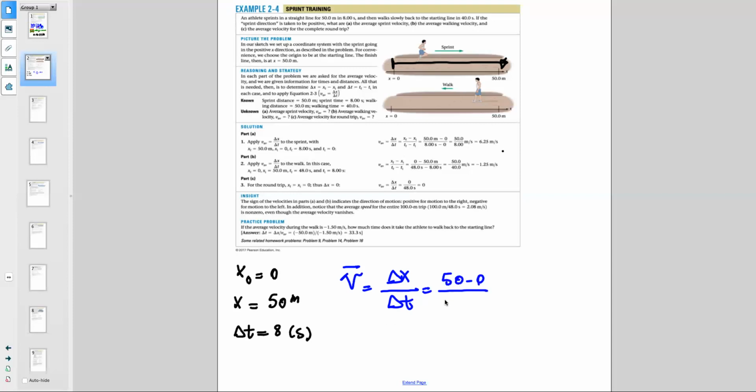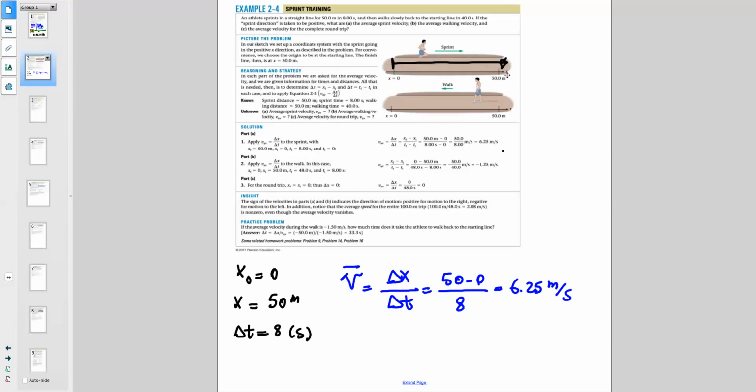Delta t is the time it took to do that, so it's 8 seconds. And the final answer is 6.25 meters per second as the average velocity, starting from 0 going all the way to 50, on average.